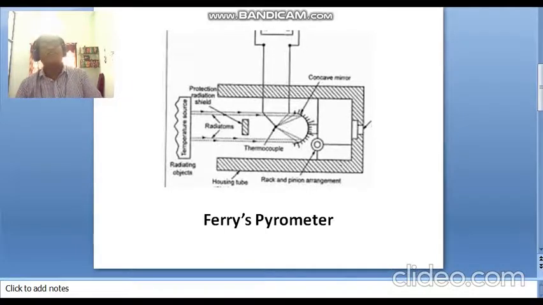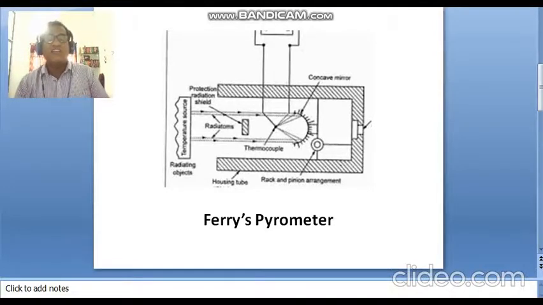Initially we observe the radiation image as out of focus. By moving the eye lens, we have to bring it into focus. That is the process to perform the experiment.